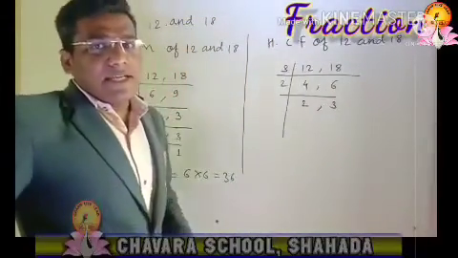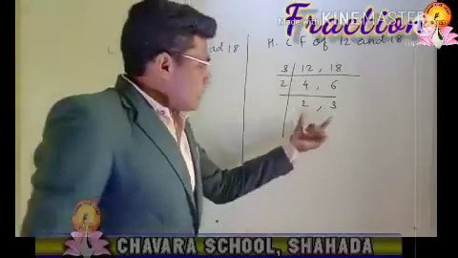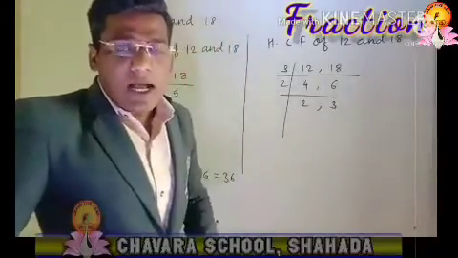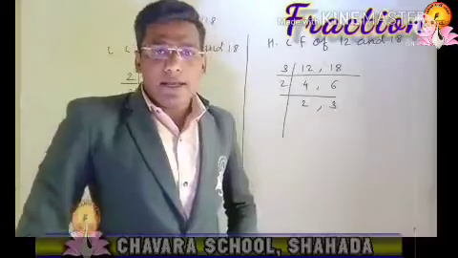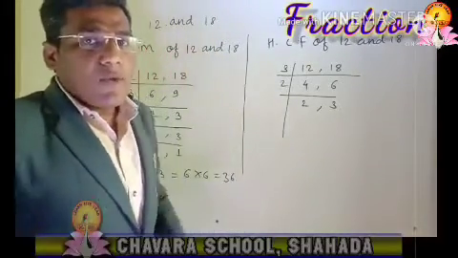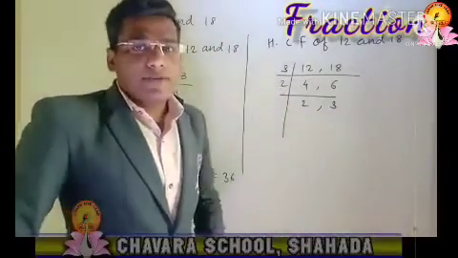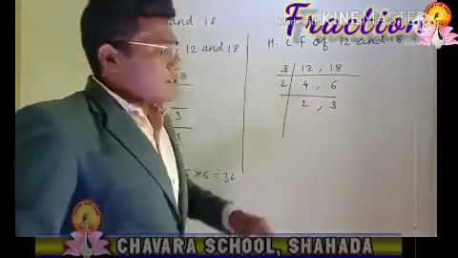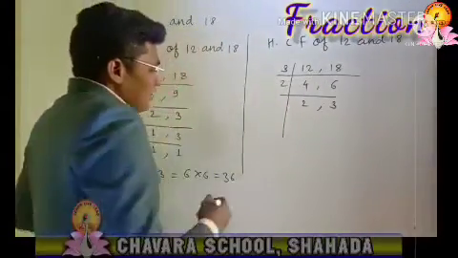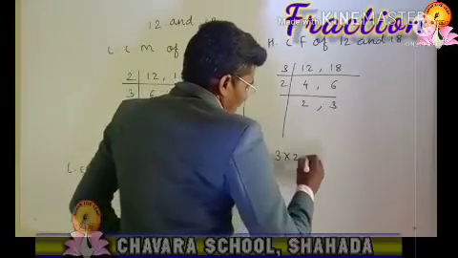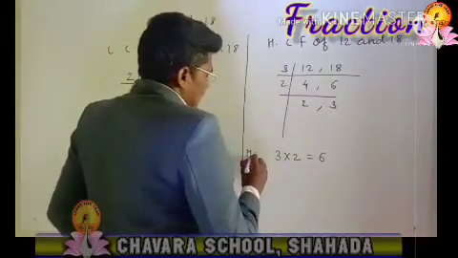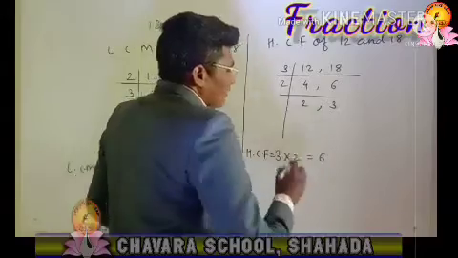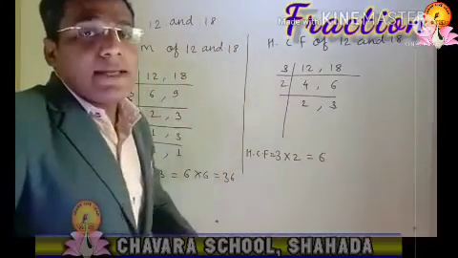In the HCF, if both numbers are not divisible by any single value, then we have to stop dividing. Now we have the values 3 and 2, and 3 multiplied by 2 equals 6, and 6 is the HCF of 12 and 18.